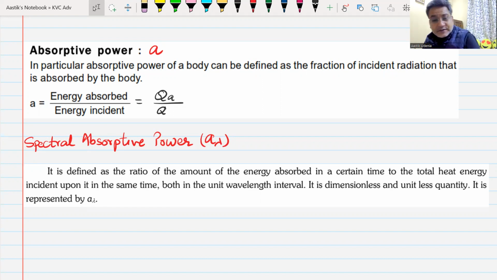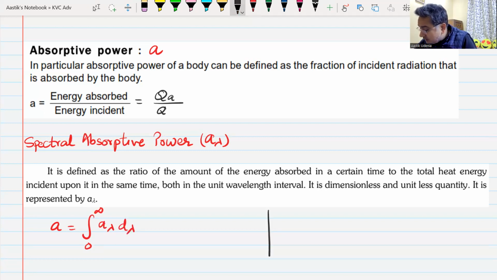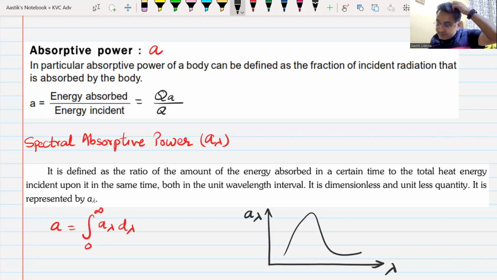There is a relation between spectral absorptive power and total absorptive power. Total absorptive power A will be equal to the integral from 0 to infinity of A lambda d lambda. What does that mean? If I draw a graph between A lambda and lambda, the graph may be something like this.